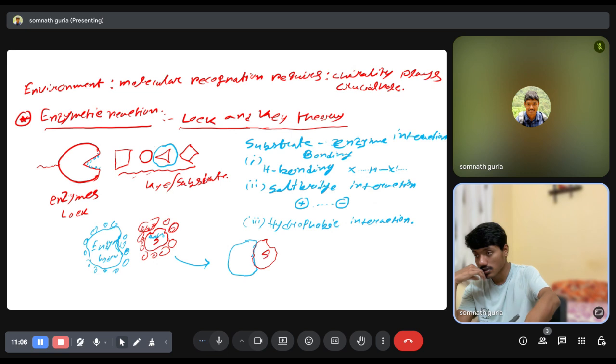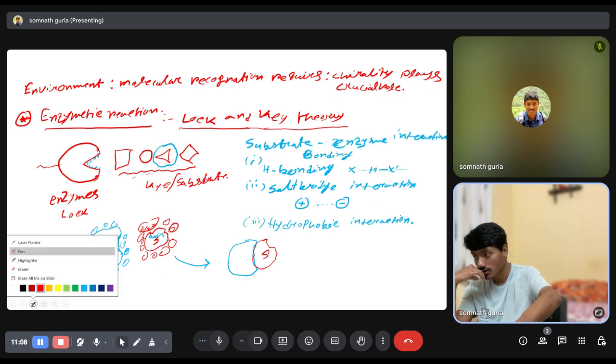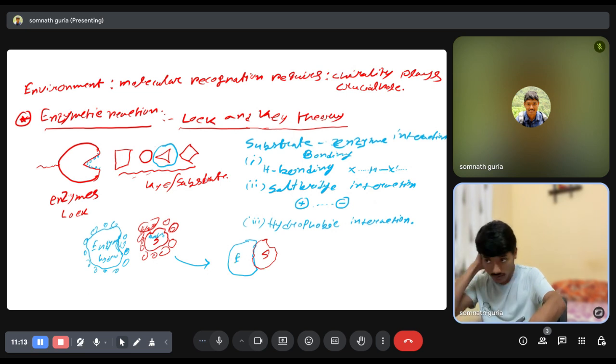This is the substrate, this is the enzyme, and they come together. The associated water molecules over here release a number of water molecules.